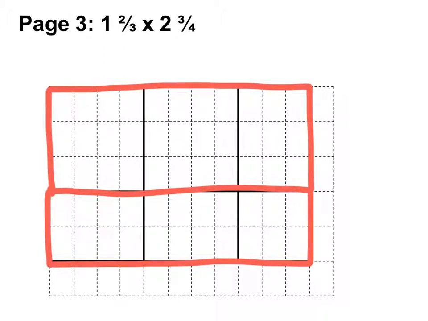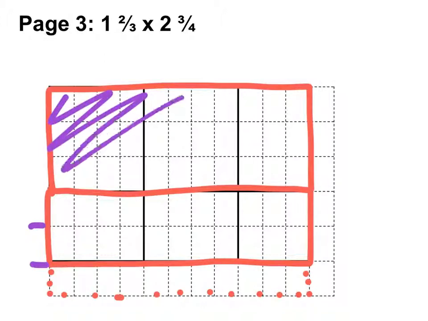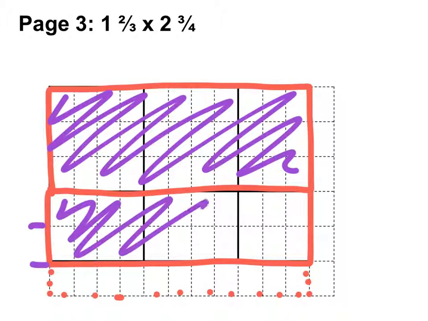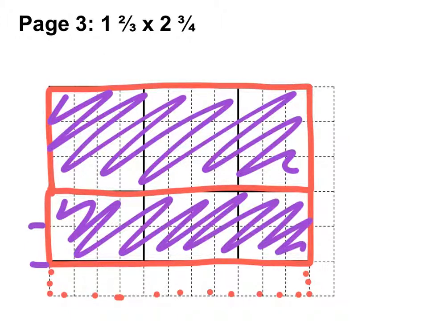Okay, so again, if I had drawn it all the way down here, that would have given me my 2 3/4. Then I split it here and here to give me 3 equal parts, and then I took 2 of those parts. So this is 2 3/4 one time. So here's 2 3/4 one time, and then here's 2/3 of 2 3/4.